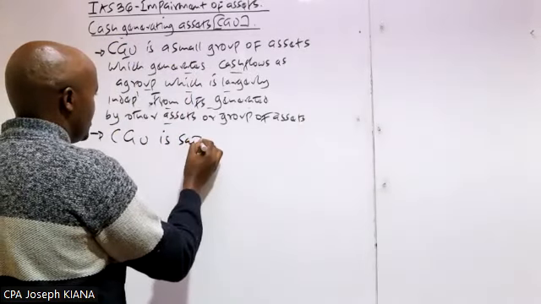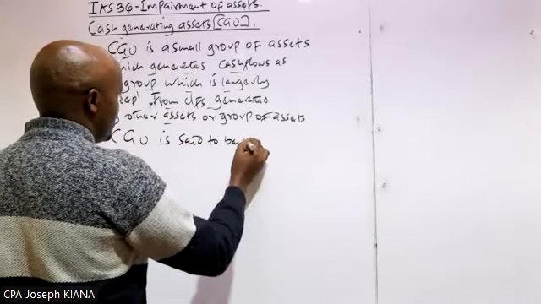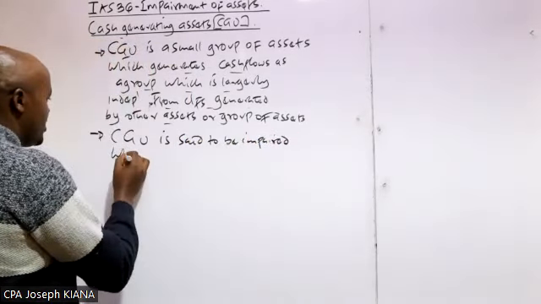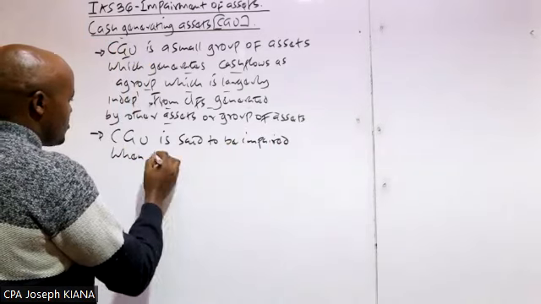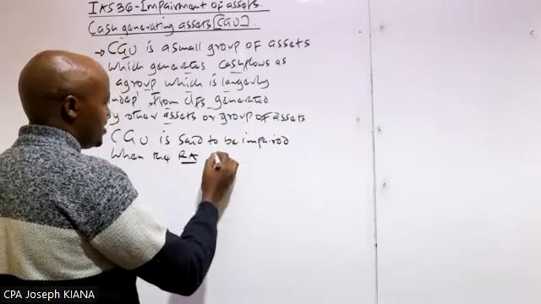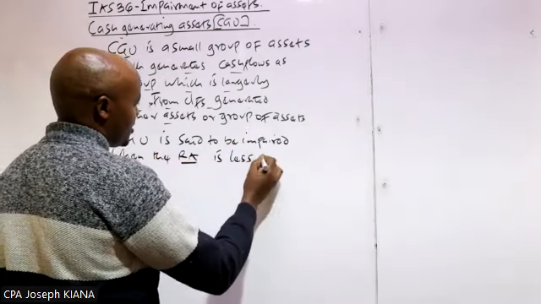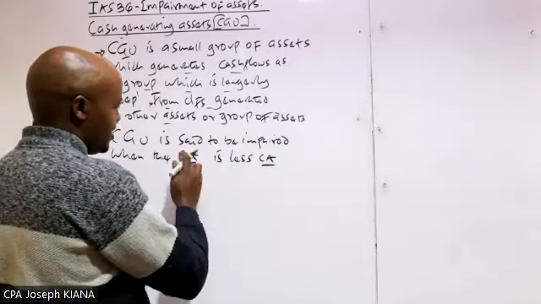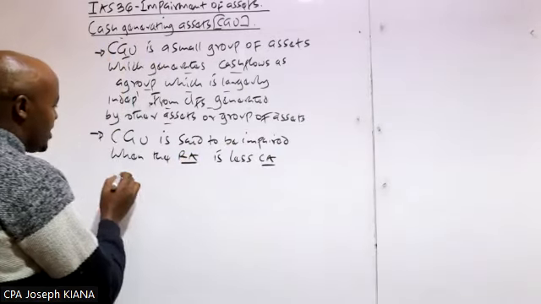So therefore, first of all, we can say that a cash generating unit is said to be impaired when the recoverable amount, abbreviated as RA, is less than the carrying amount.